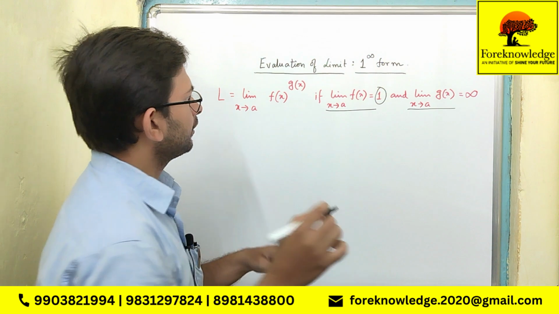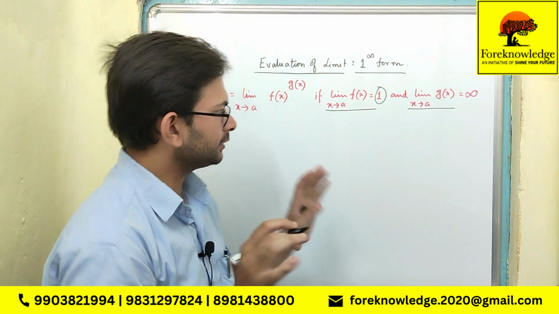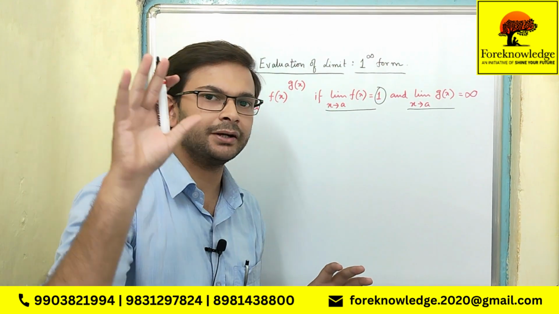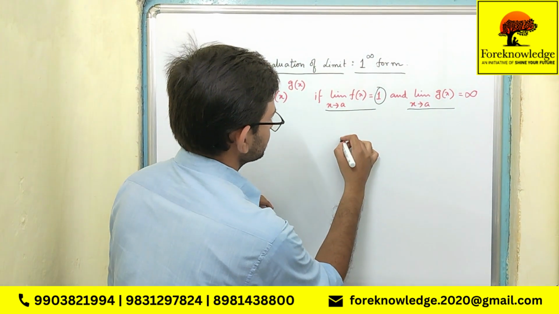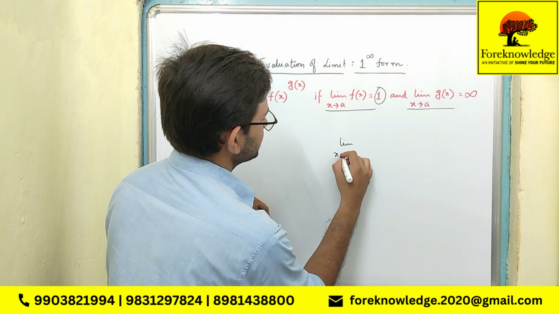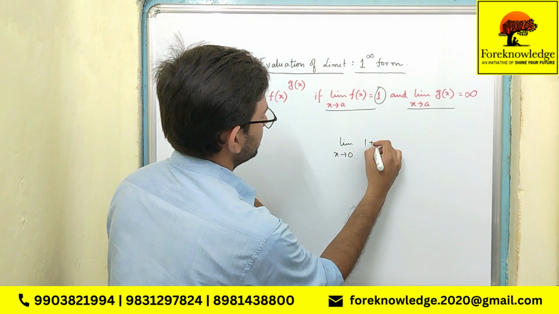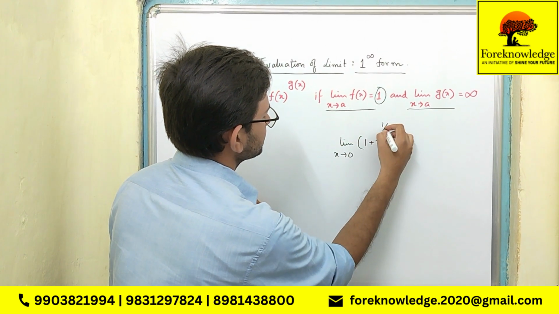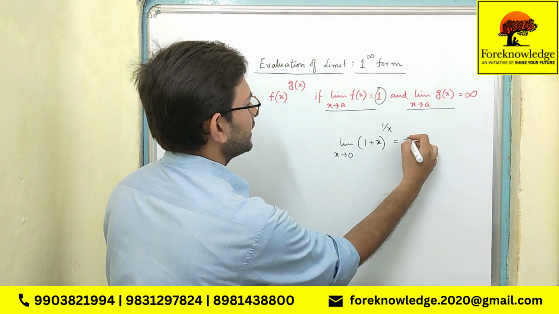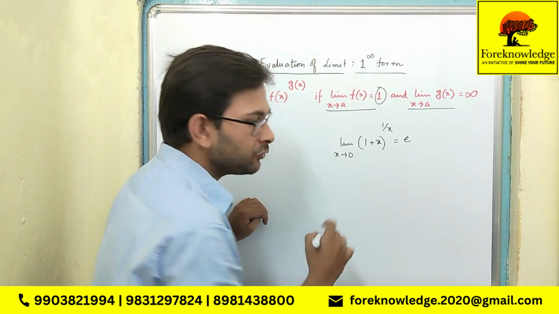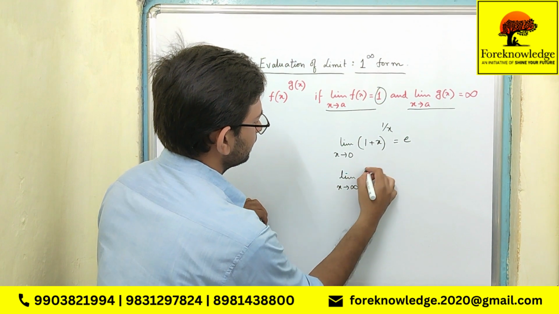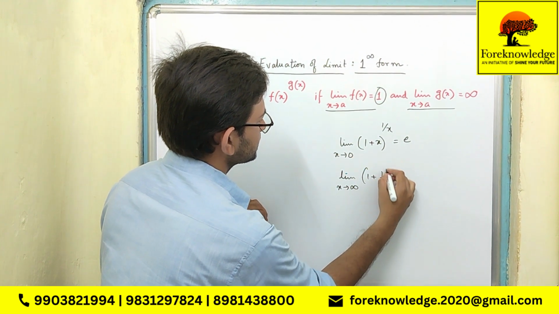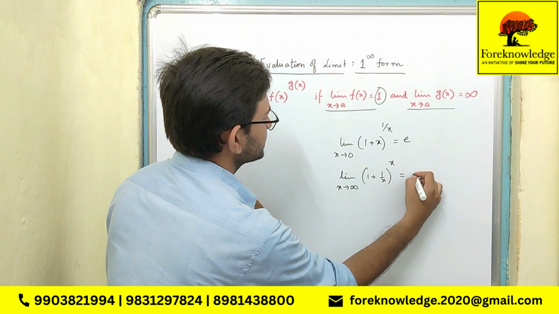Now look, what do we know about limits where some kind of exponent is present? We know two things. One is limit x tends to 0, (1 plus x) to the power 1 by x. This value is e. And we know another one: limit x tends to infinity, (1 plus 1 upon x) whole to the power x is e.